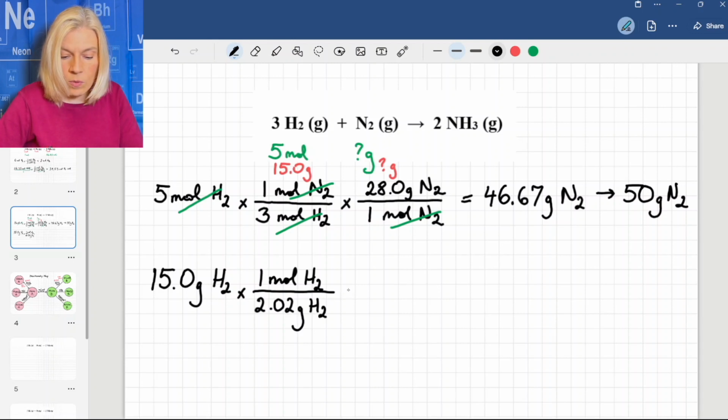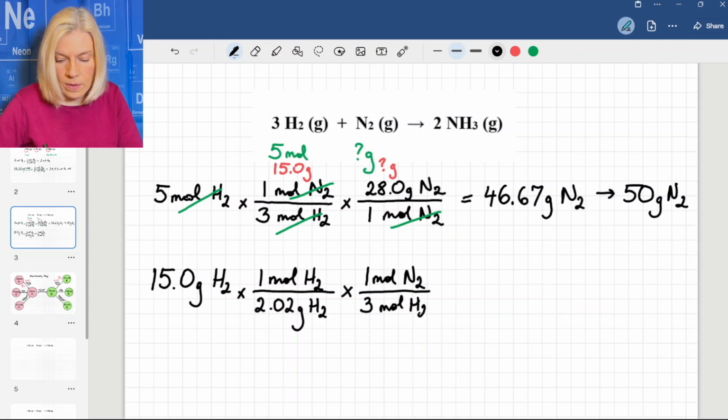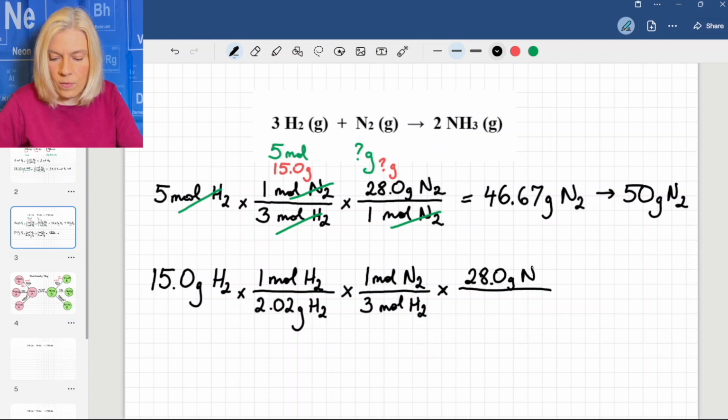And now I'm going to look at my balanced chemical reaction for my mole to mole ratio. There's 1 mole of nitrogen reacting per every 3 moles of hydrogen. And now I want to know the mass. So I have to use the molar mass of nitrogen. So that is 28 grams of N2 for every mole of N2.